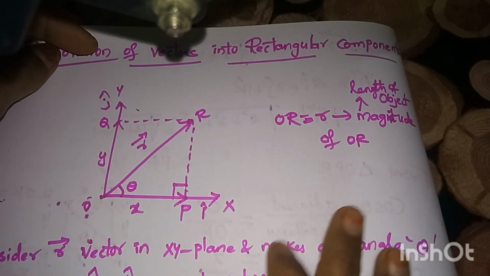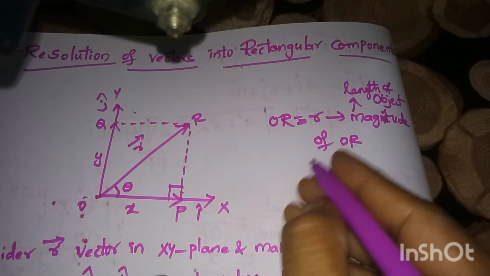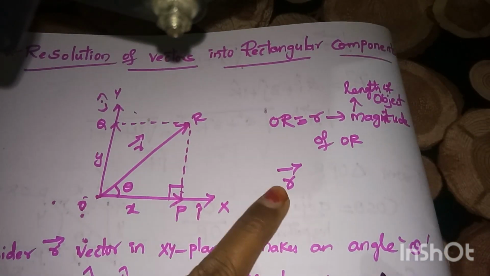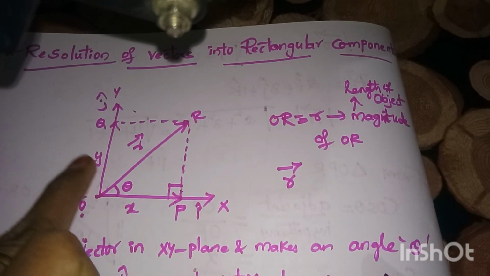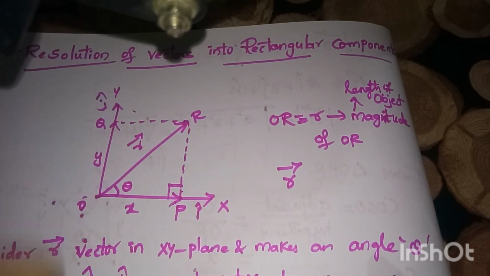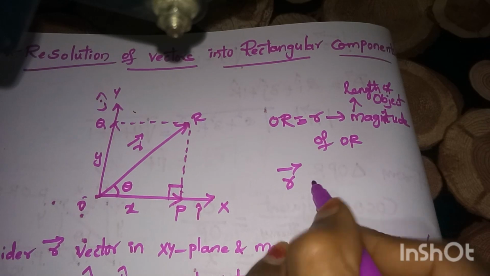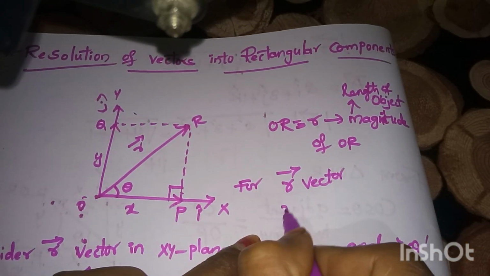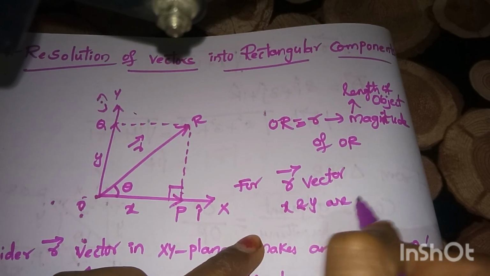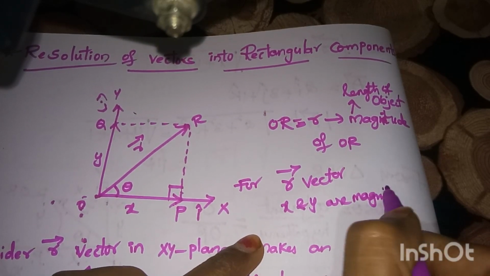So just simply remember that for vector r bar, its magnitudes will be x and y along the x y axis. So for the r bar vector, x and y are magnitudes.